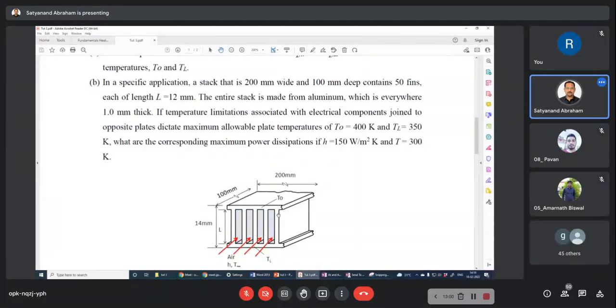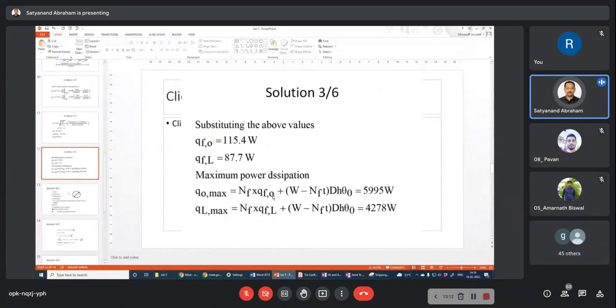That gives us the no fin area. We know the base temperature, the heat transfer coefficient and the ambient temperature. From there we can find the total heat transfer from the surface.